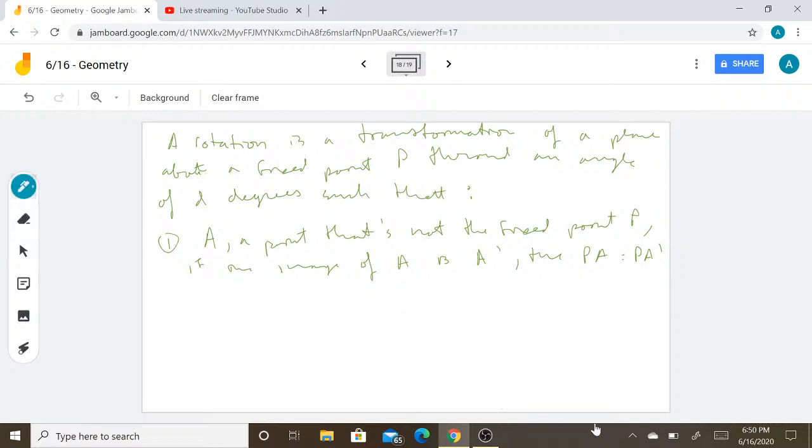And secondly, the image of the center of rotation P is P, which basically reiterates that P does not change. P is just what everything else revolves around.